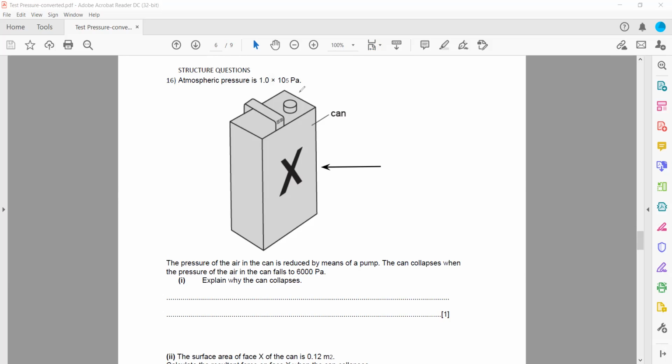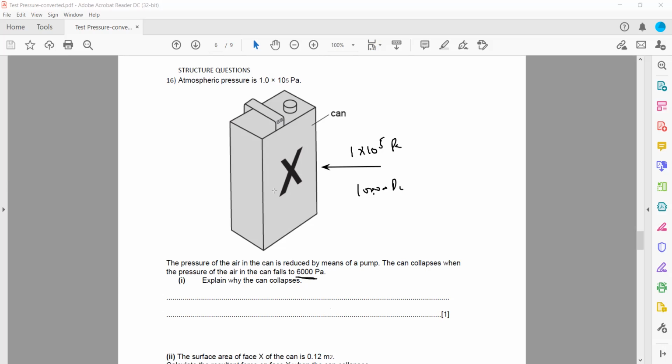So the atmospheric pressure, the pressure from outside, is 1 into 10 to the power 5 Pascal, or 100,000 Pascal. The pressure of the air in the can is reduced. The can collapses when the pressure of the air in the can falls to 6,000.